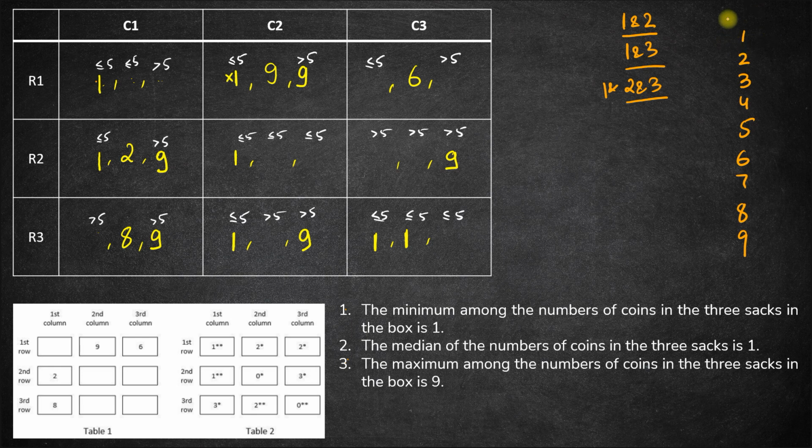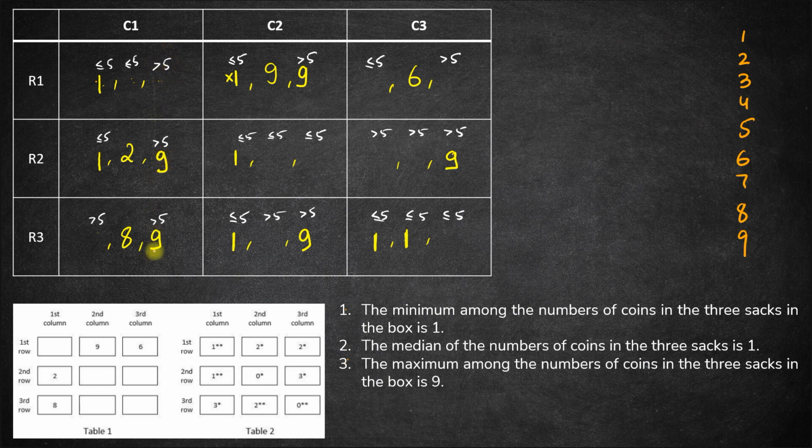So let's start with the lowest average of 1. Which box can have the lowest average of 1? Only that box will have the average of 1 where all the 3 sacks contain 1, 1, 1. That's the only way an average of 1 is possible, isn't it? Cool. So which box can have all 3 sacks as 1? Here there has to be one sack with greater than 5.